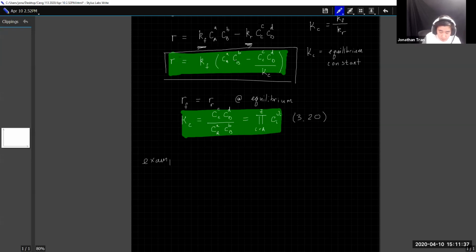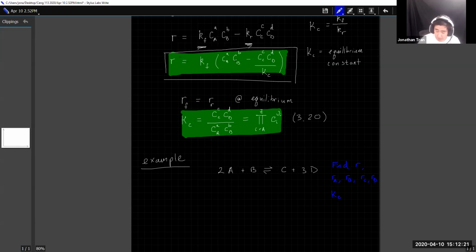So example. Given a reversible reaction of the form 2A plus B goes to C plus 3D, I want to know, find the rate law, the rates for individual species, R_A, R_B, R_C, and R_D, and then also solve for Kc.